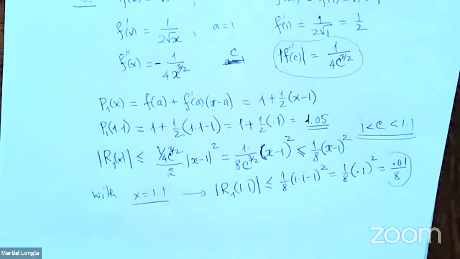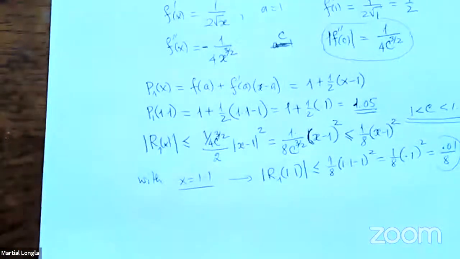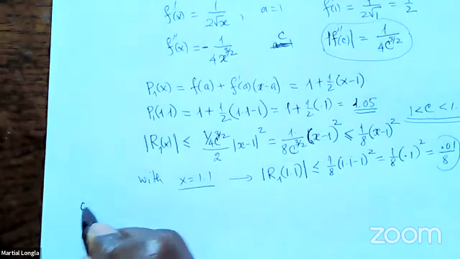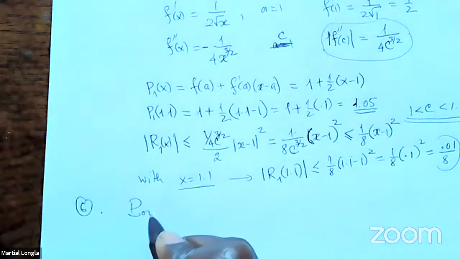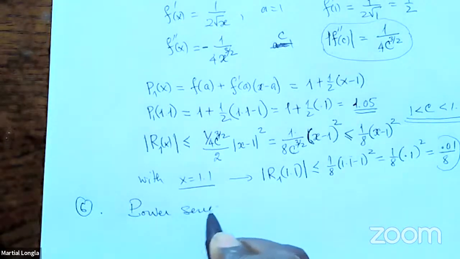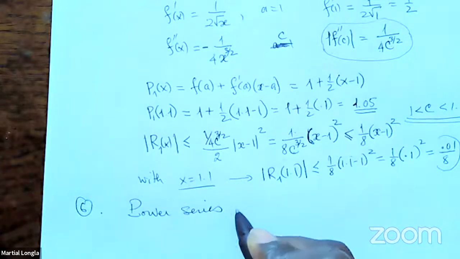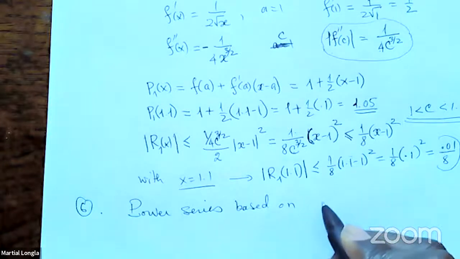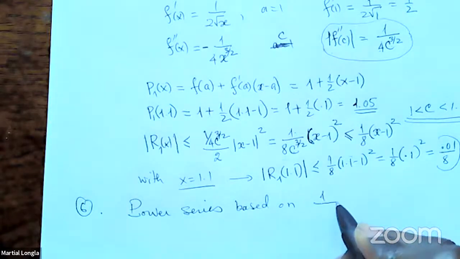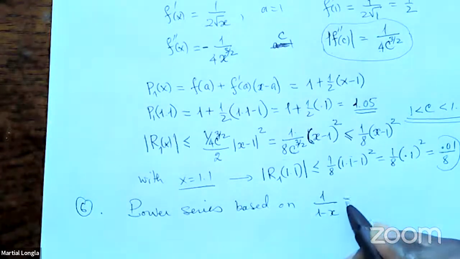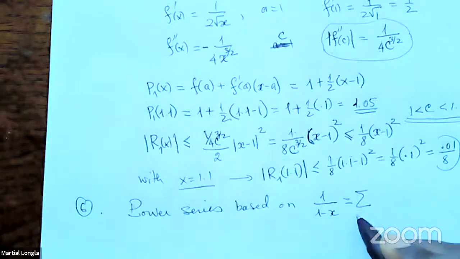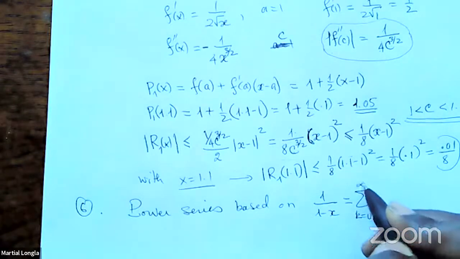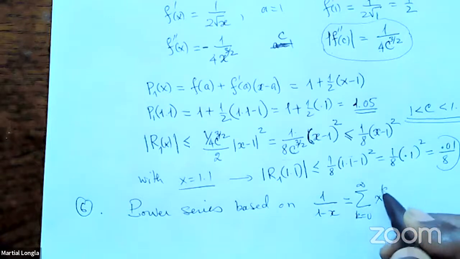Now the next thing with these power series was mostly the power series based on 1 over 1 minus x equals the sum k from 0 to infinity of x to the power k. This is mostly what I gave you on that homework.